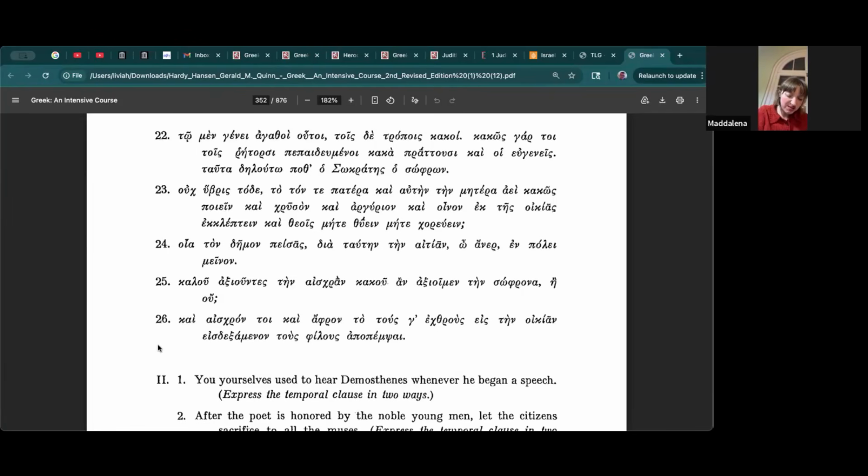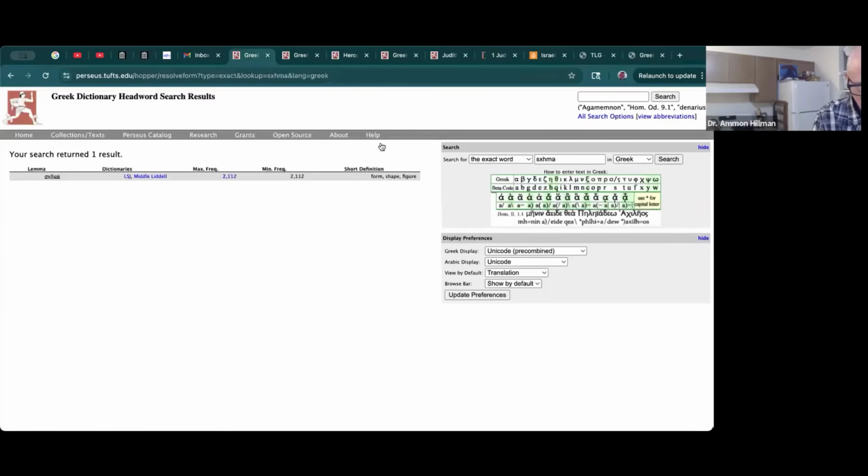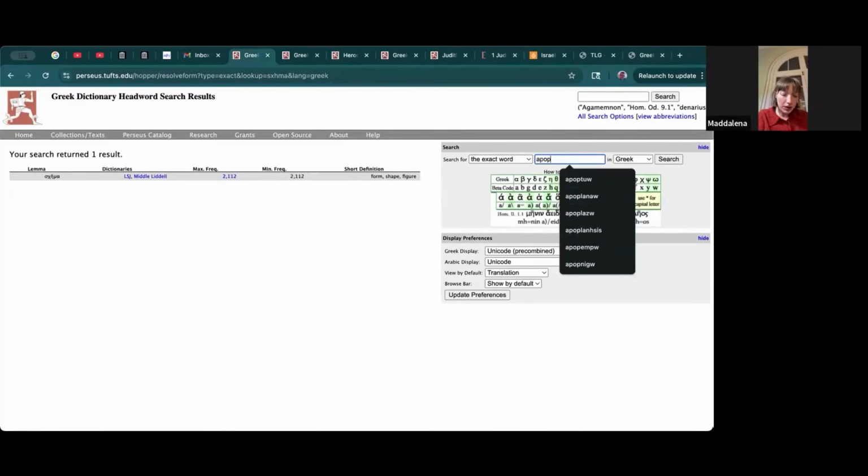Is it optative? Okay, plug it into LSJ. What kind of optative do you think it is? Present, aorist? What do you think? I thought it was aorist.